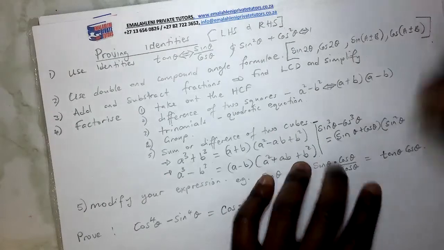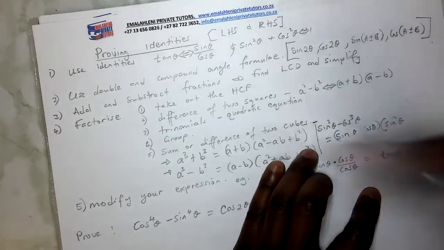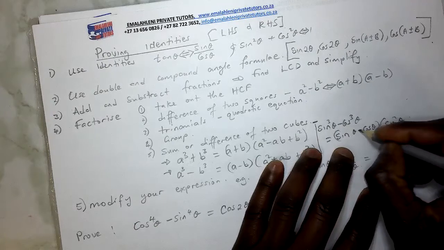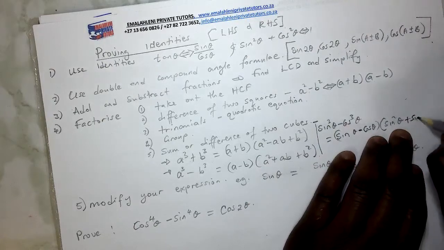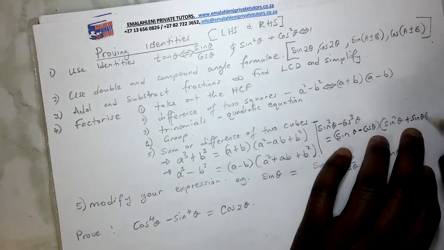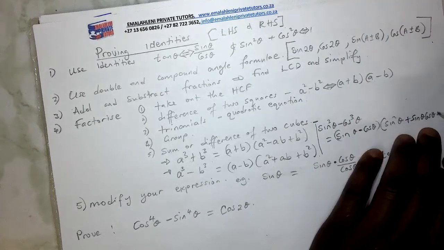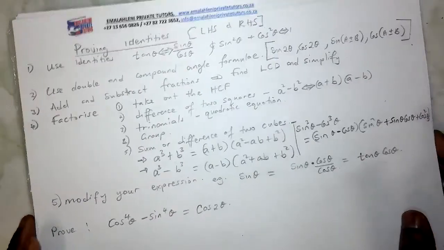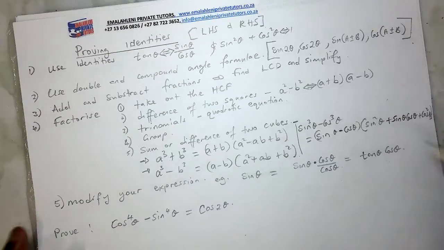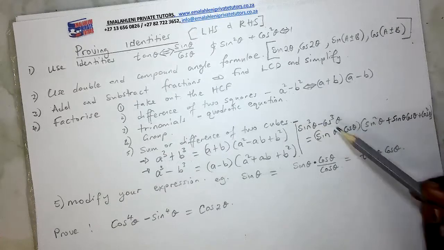Can I have my rubber? It follows the sign there. Then you are going to have plus sine theta cos theta plus cos squared theta. That's what we're going to have here. So here is our expression for sine cubed theta minus cos cubed theta.